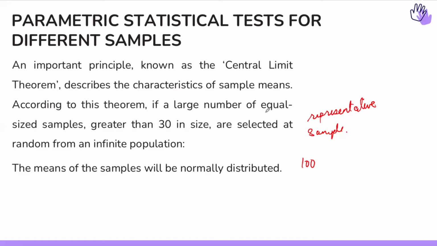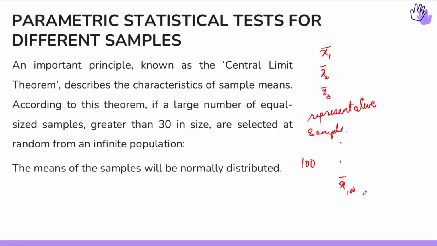So for each sample you will get a certain mean value. If you are drawing 100 samples, you will get x1 bar for sample 1, x2 bar for sample 2, x3 bar for sample 3, and so on, up to x100 bar for sample 100.